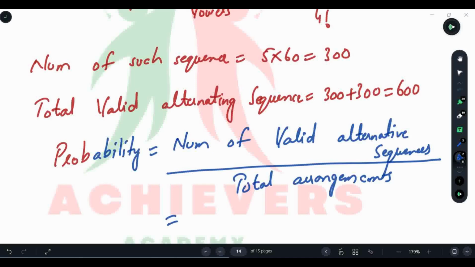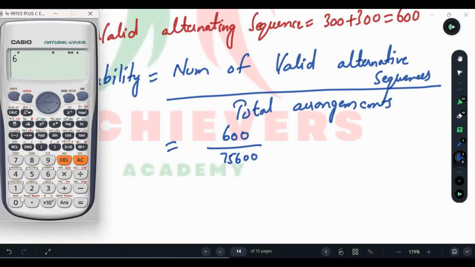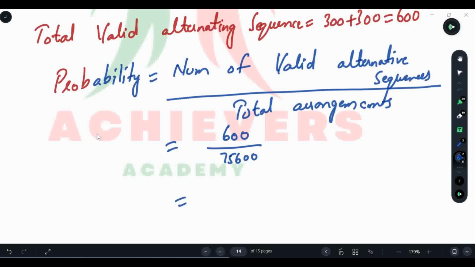So this will be equal to 600 divided by 75600. Let me calculate it. So this will be equal to 1 by 126. This will be the final answer.